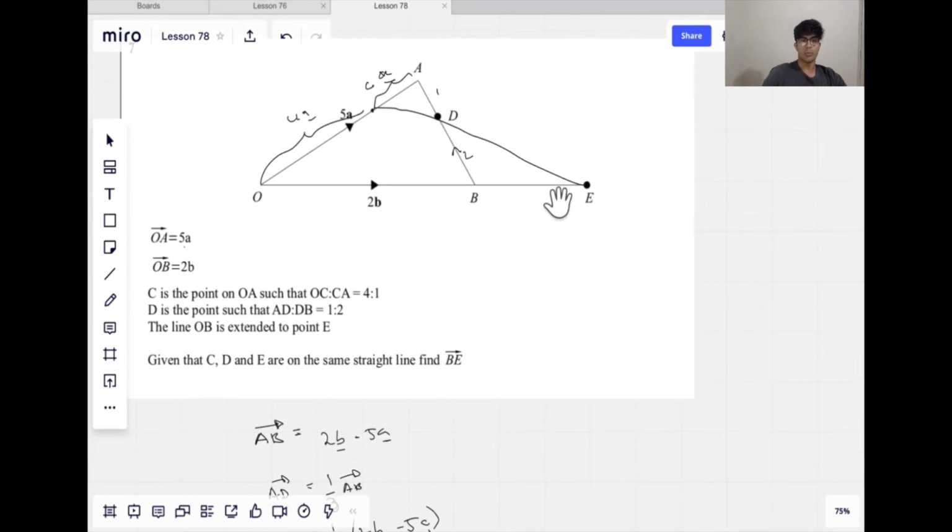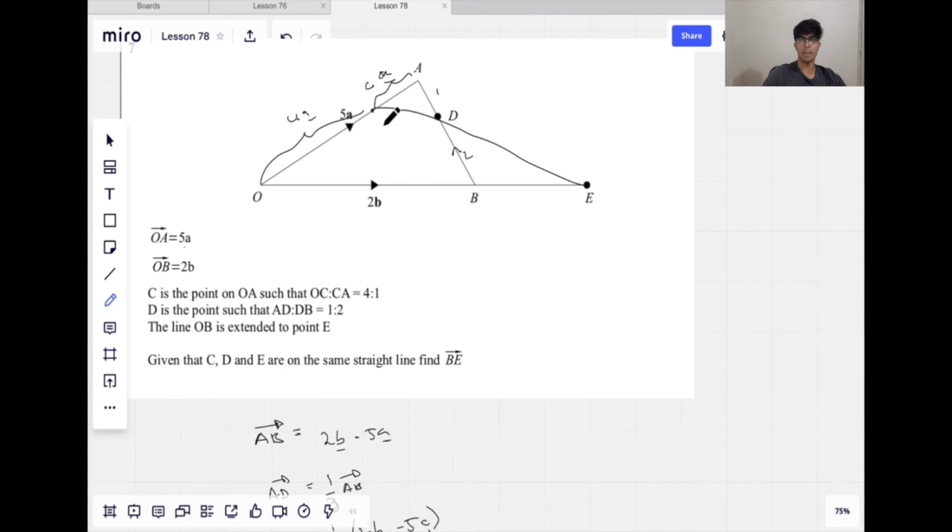Now you might struggle with this part. You think, what piece of information haven't I used so far? Well, we haven't used the fact that C, D, and E all lie on the same straight line. What does that mean?